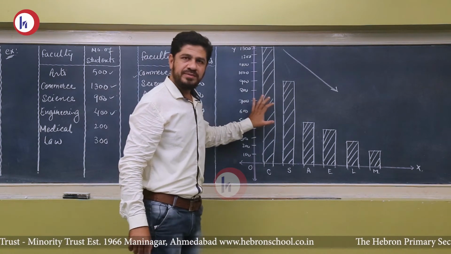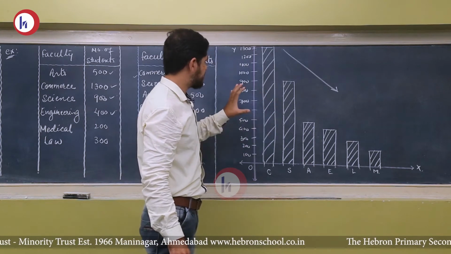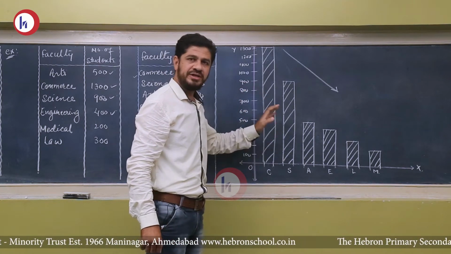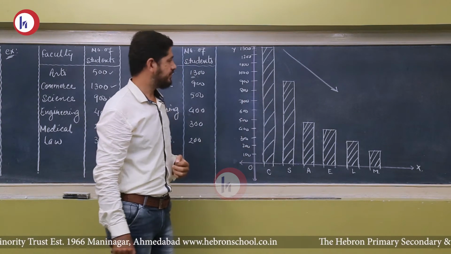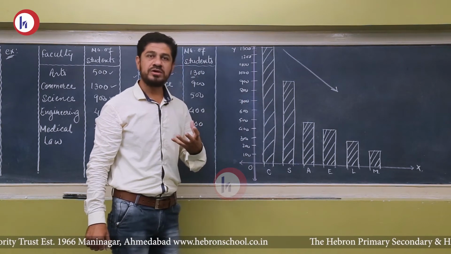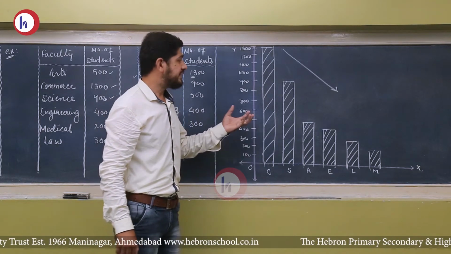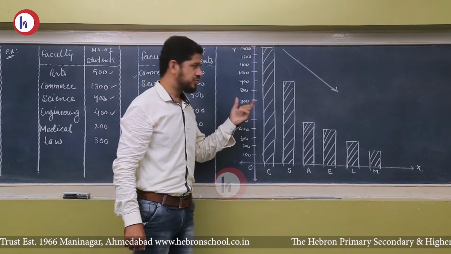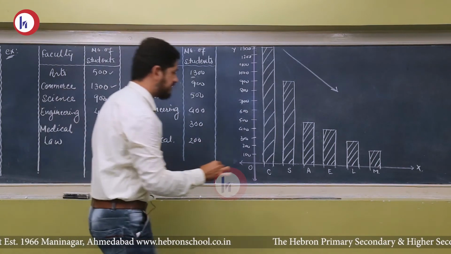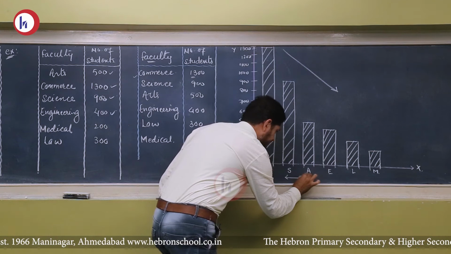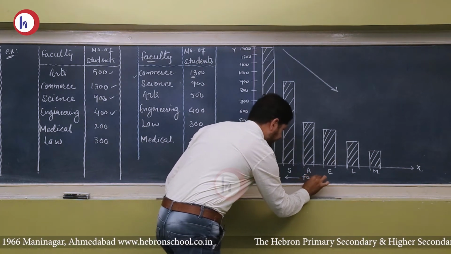Is the graph complete? No. We just represented the data on the graph, but through this graph, someone cannot understand what it is about. So on the x-axis, we are representing the faculties.